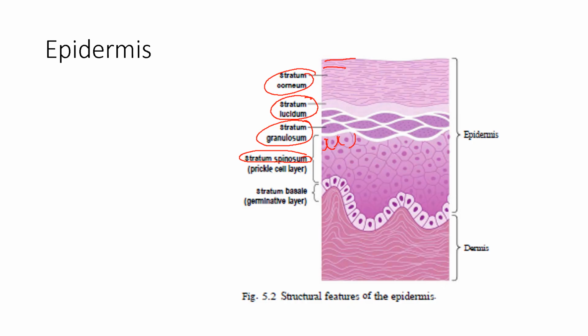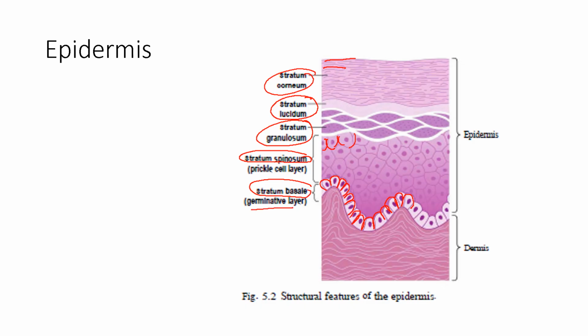And then a one-cell-thick cuboidal cell layer, which is basically the germinating layer, because this is the only layer which can divide, which has the power of cell division. This layer is known as the stratum basale or the germinativum layer.